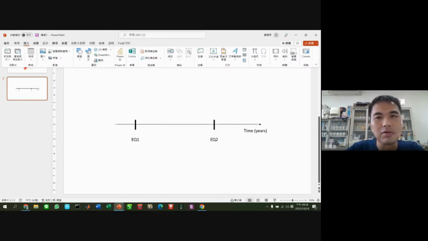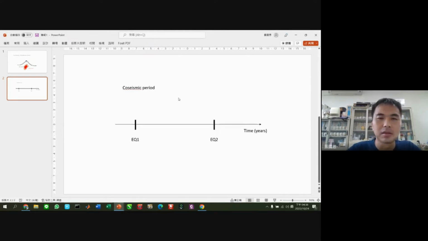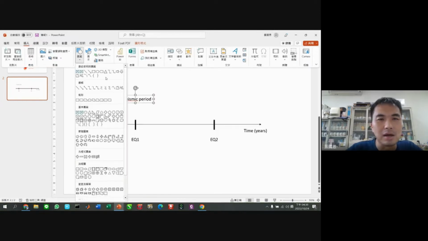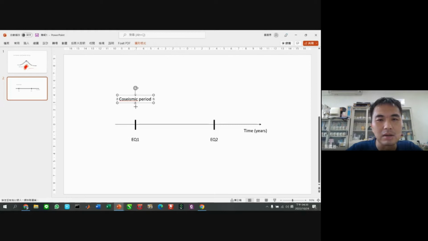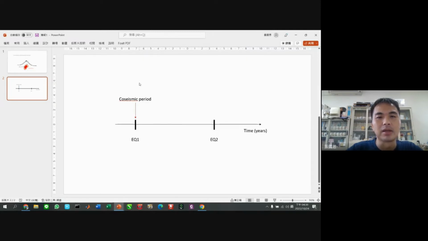Okay, so we usually say here is the co-seismic period. The deformation related to the earthquake, we also call it co-seismic deformation.